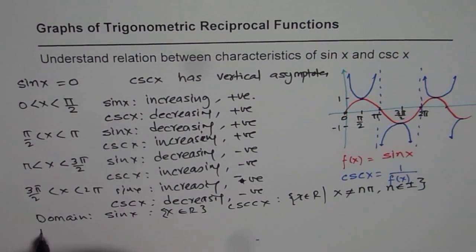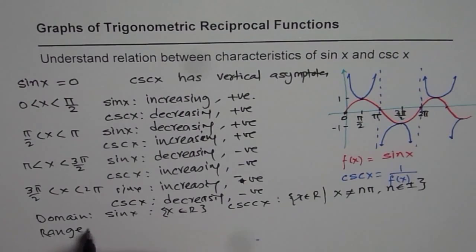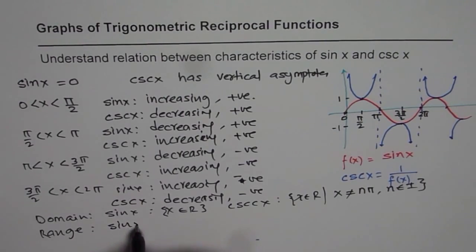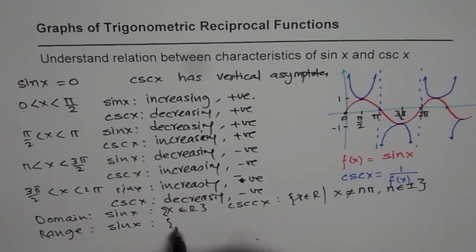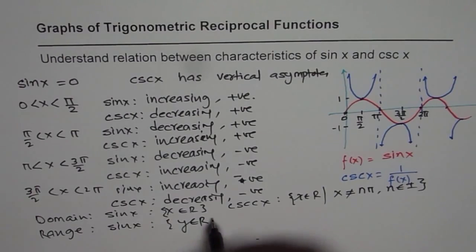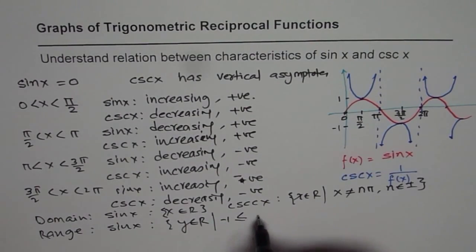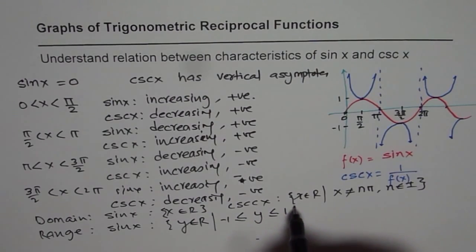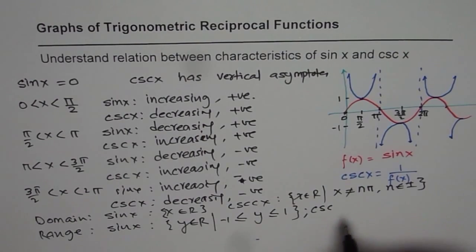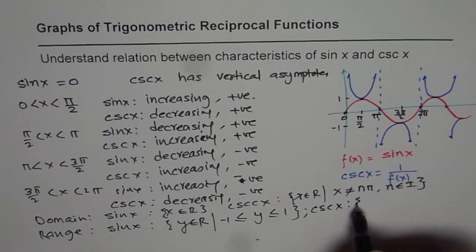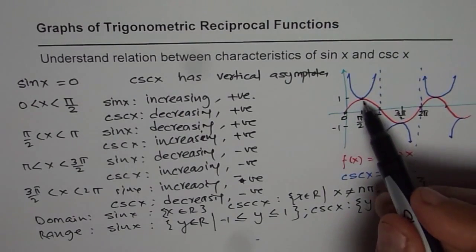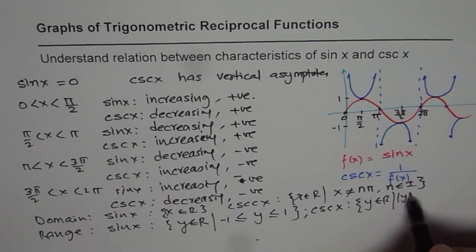Correct? Now, as far as the range is concerned, sine x has a range where y belongs to real numbers, but y is between plus and minus 1. As far as cosecant x is concerned, the range is y belongs to real numbers, but the absolute value of y is greater than or equal to 1.